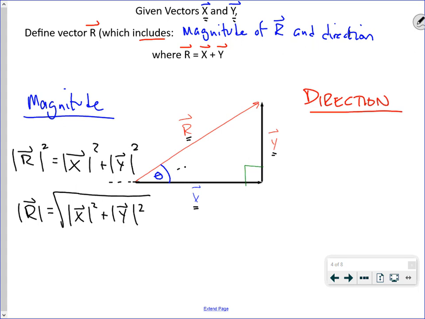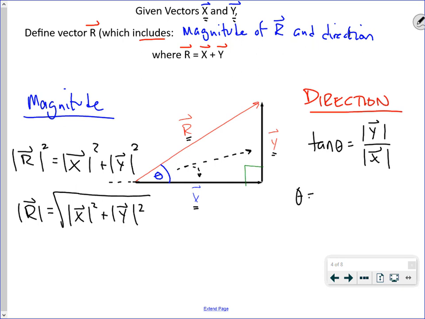You'll notice that y is what we call the opposite side of this triangle relative to angle theta, and x is what we call the adjacent side relative to that angle. Opposite and adjacent live in the trig function tangent. So the tangent of theta is the magnitude of vector y divided by the magnitude of vector x.